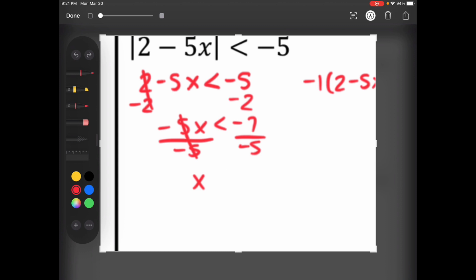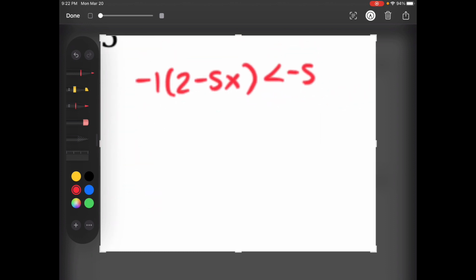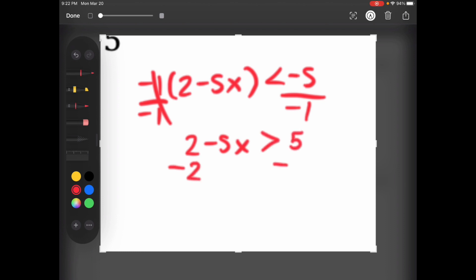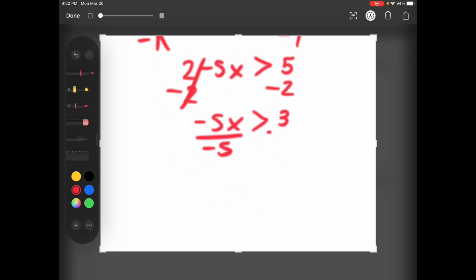I divided by a negative, so I'm going to flip my inequality. Okay. Over here, let's try dividing. This is going to flip. And it's going to flip again.